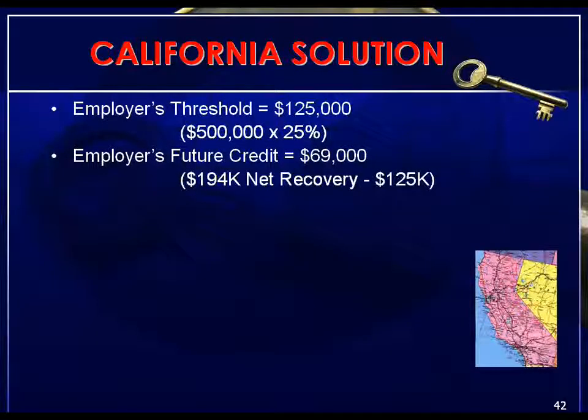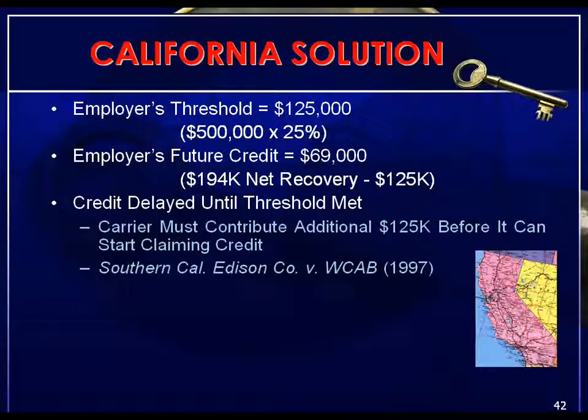Its future credit is $69,000. That's $194,000 net recovery minus the $125,000 difference. Now the carrier's credit is delayed until the threshold is met. The carrier has to contribute an additional $125,000 before it can start claiming a credit.